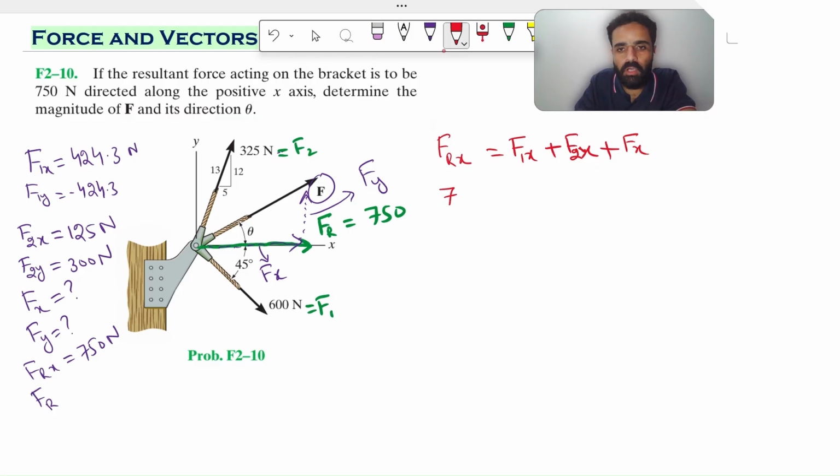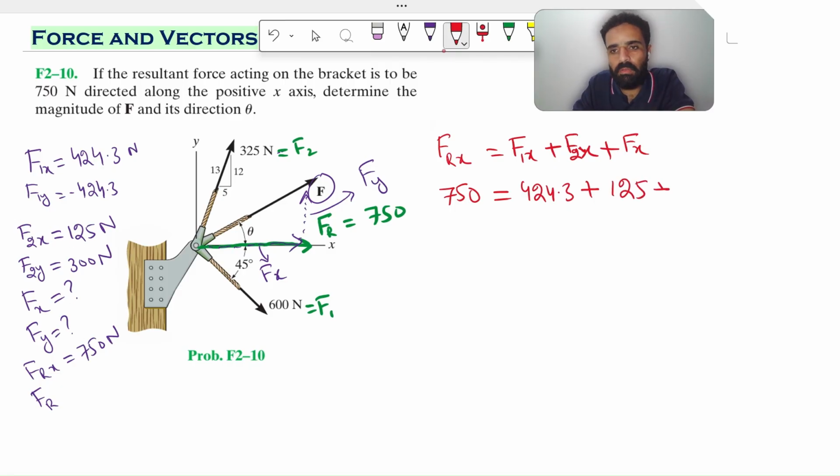So 750 will be equal to the F1x value we already found, which is 424.3, plus the F2x value, which is 125, plus Fx.